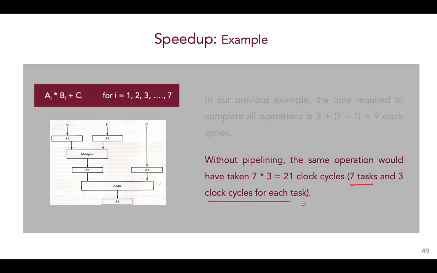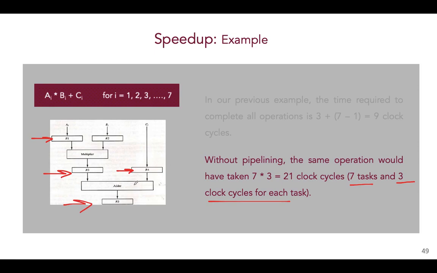Now this is something you have to understand. Why is it taking 3 clock cycles for each task? In one clock cycle, R1 and R2 are being loaded. In the next clock cycle, R3 is receiving the result of the multiplier and R4 is receiving your third variable, and in the third clock cycle, R5 is receiving the final result after addition.